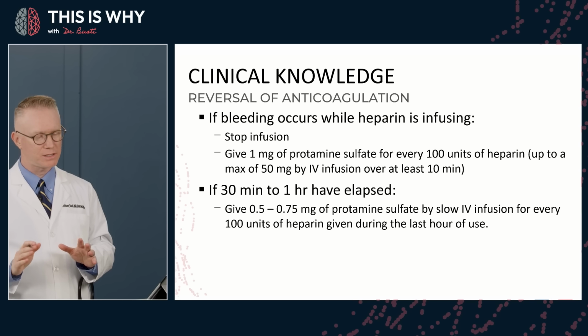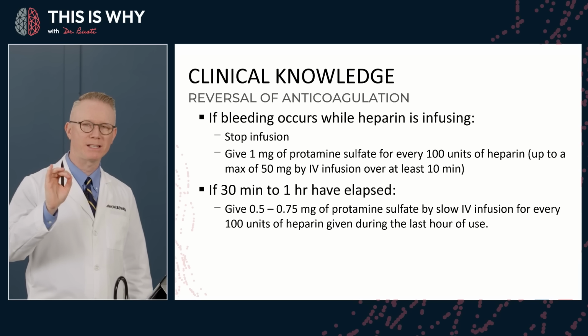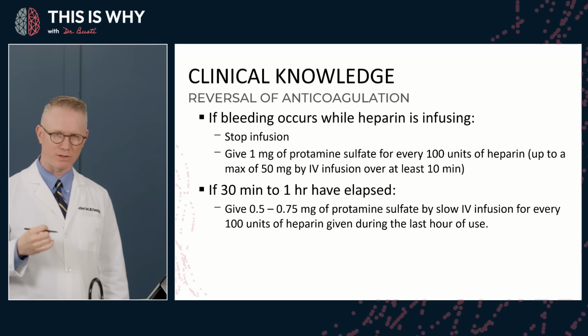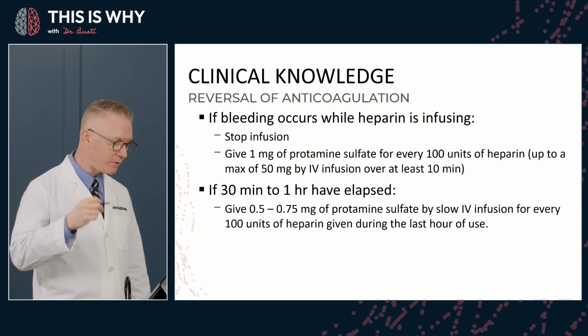Now, we usually do it at a dose up to typically no more than 50 milligrams. Going higher than that has been associated, doesn't mean everybody will, and there are people that do it, but it has been associated with causing hypotension, bradycardia, and even anaphylactoid-like symptoms, okay? But that's important to consider if you're going to be giving it.